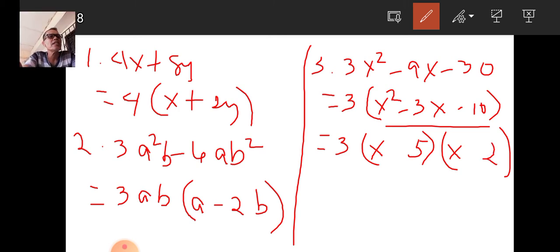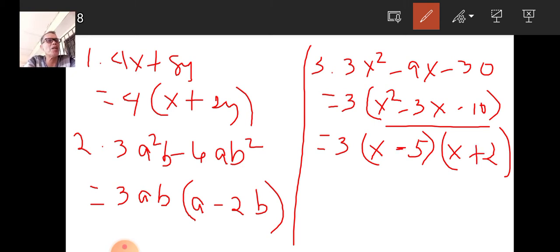Since the last term, 10, is negative, it follows that one factor of 10 is negative. And since the middle term is negative, the greater factor of 10 must have the negative sign. So 5 is greater than 2. So 5 must have the negative sign, 2 must be positive.